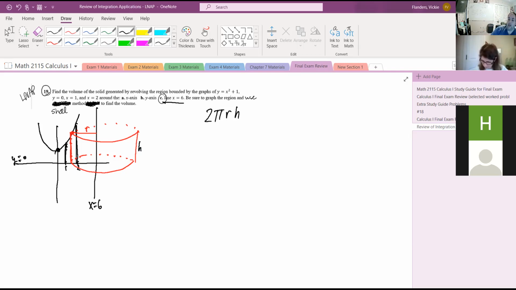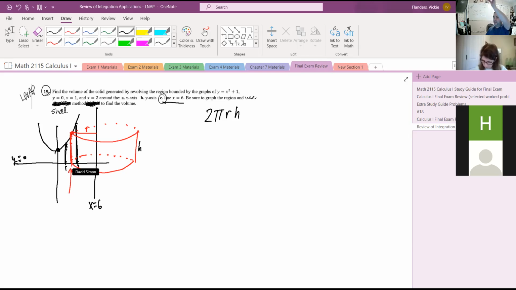So basically all I need is to represent the radius and the height as some sort of function of whatever differential I'm using. So I'm either using dx as my differential or dy as my differential. Notice the way that I've sliced the edge over here.